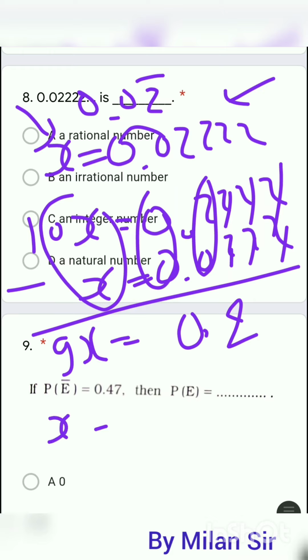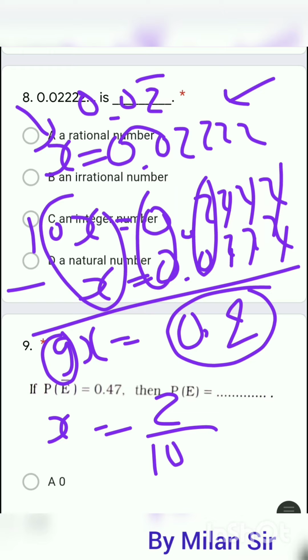So x is equal to 2 by 10 divided by 9, and transferring the 9 to the denominator, it is 2 divided by 90, right?